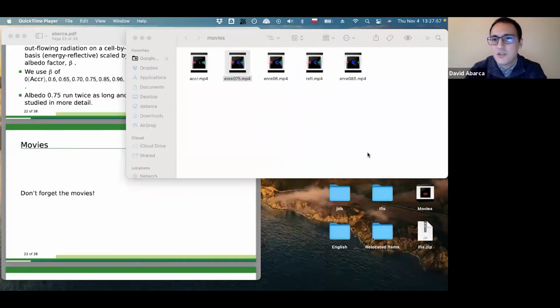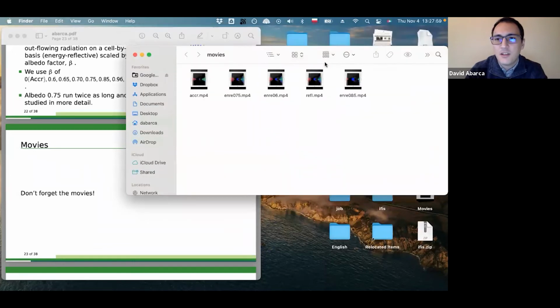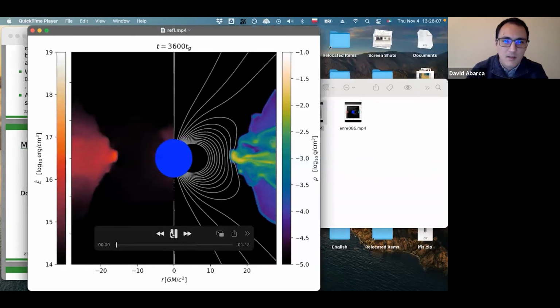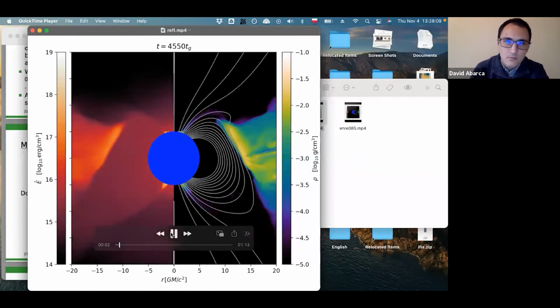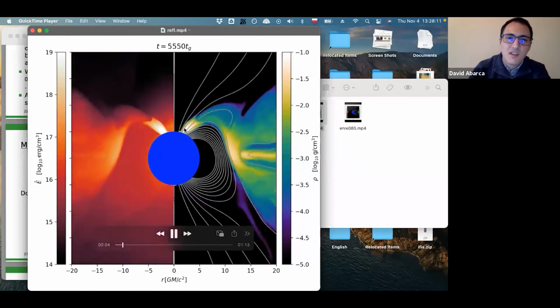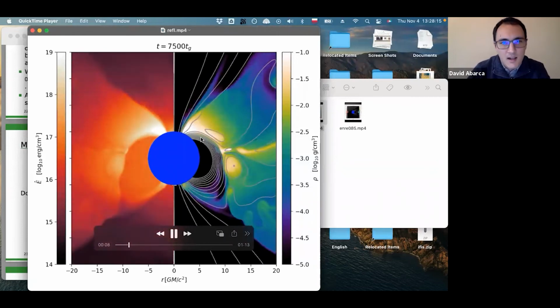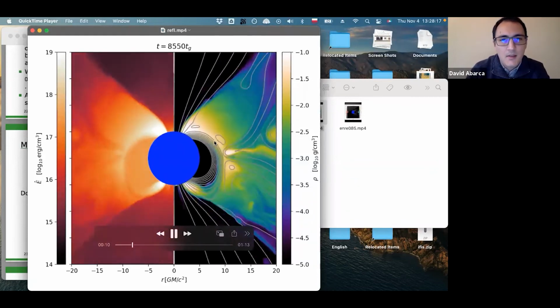And I will just show you what the fully reflective simulation looks like when no gas can go through. So you can see the gas sort of just sits on top until it's blown away by radiation.